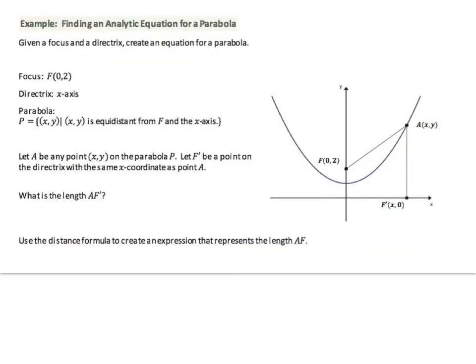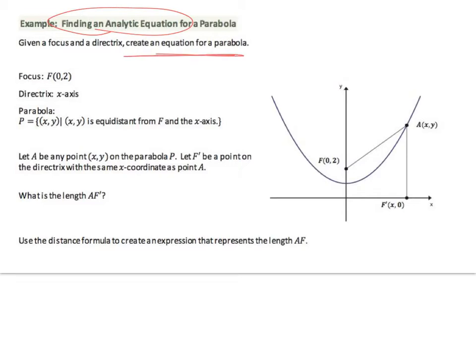Let's look at our first example, finding an analytic equation for a parabola. We're going to be doing a few of these in your problem set, so let's try to learn how to do it here. Given a focus and a directrix, create an equation for a parabola. So when you see the instructions, find an analytic equation, we're trying to create an equation for a parabola.